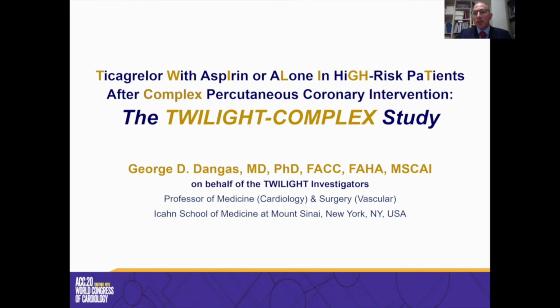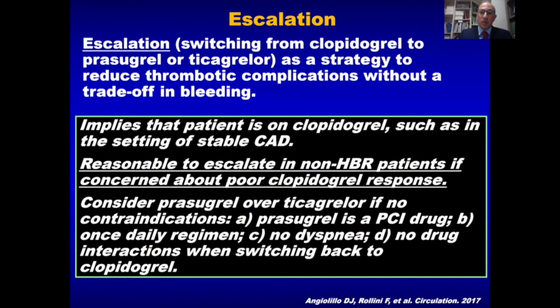And you can see here an analysis from the TWILIGHT-COMPLEX, the TWILIGHT study, which did include bifurcation with 2-stent techniques as one of the anatomical factors. What we learned from this analysis published by George Dangas in JACC is that there is consistency with the overall trial findings: significant reduction in bleeding without any trade-off in ischemic events.